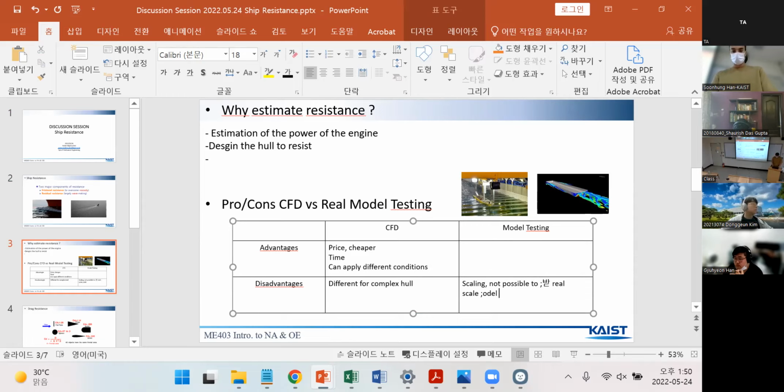It is impossible to reproduce the same phenomenon, so the flow from the real-scale shape on the prototype is different.